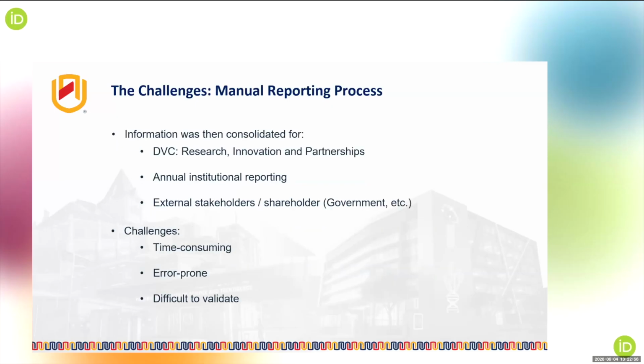So this information was, or is, consolidated for reporting to the DVC, the Deputy Vice Chancellor of Research, Innovation and Partnership, and also annual institutional reporting, and also to engage stakeholders with these reports.